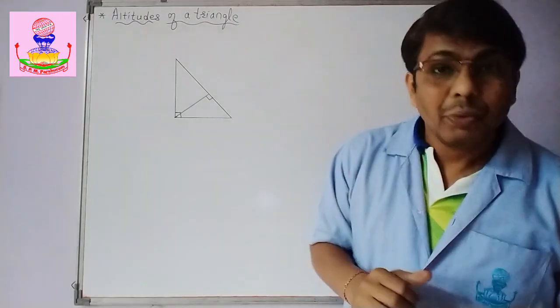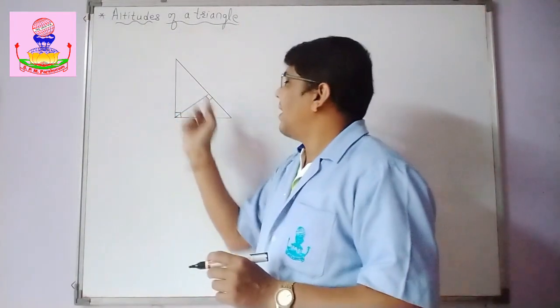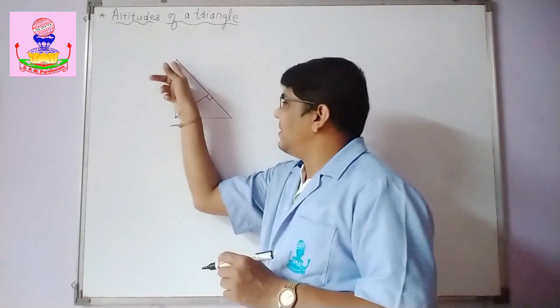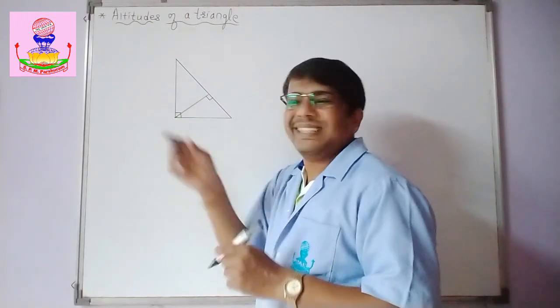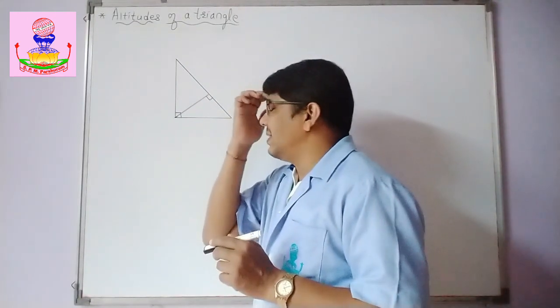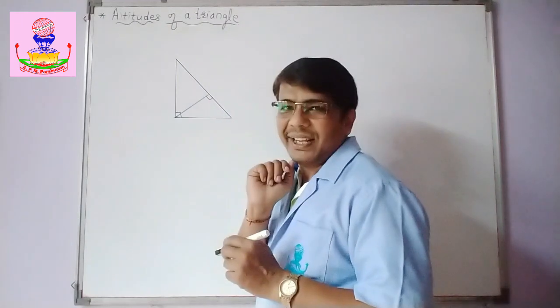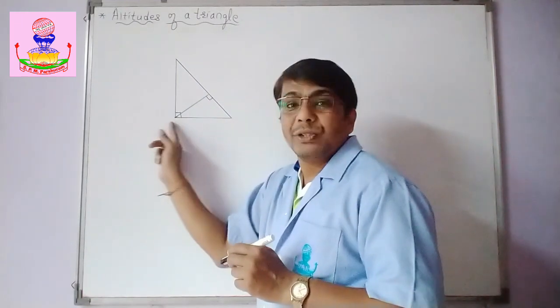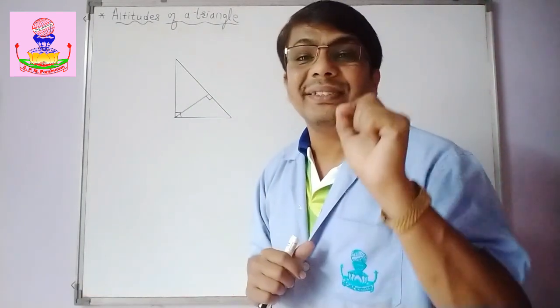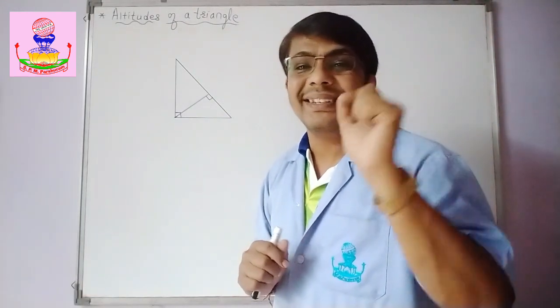Okay, so this is 90 degrees. Now, where will be the altitude of this vertex? So, if I draw a 90 degree, it comes out to be this. And where will be the altitude from this vertex on this side? So, it comes here.